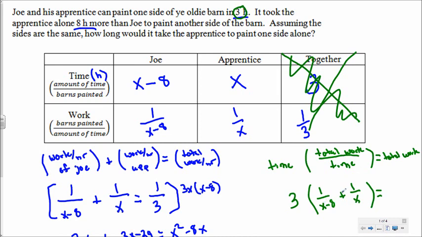That's the total amount of work per unit time, and that should equal the total work. Now the total work is less obvious. You have to think about what they were doing. So what they were doing is painting sides of a barn. So working together in 3 hours, they can paint one side of a barn. So their total work is 1, and technically it's side of barn.